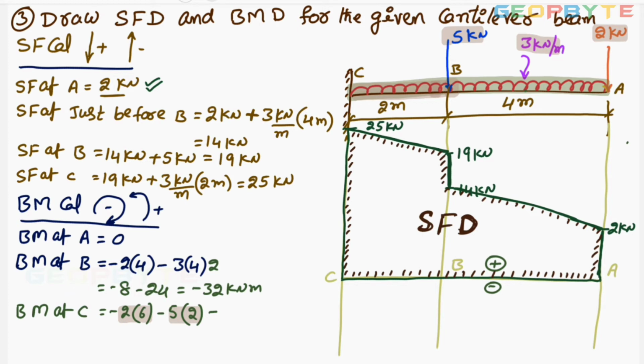For getting the moment from the UDL, first you have to convert the UDL to a point load. How do you convert the UDL to a point load? By multiplying the UDL with the UDL distance. Here the UDL is 3, and the UDL distance, the length throughout which the UDL is acting, is 6.